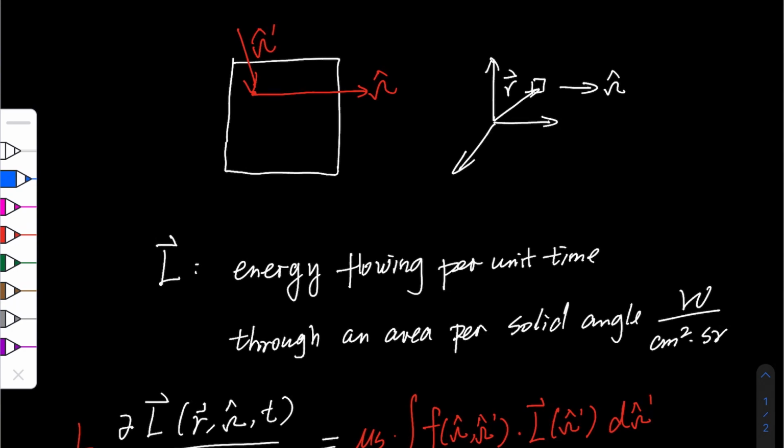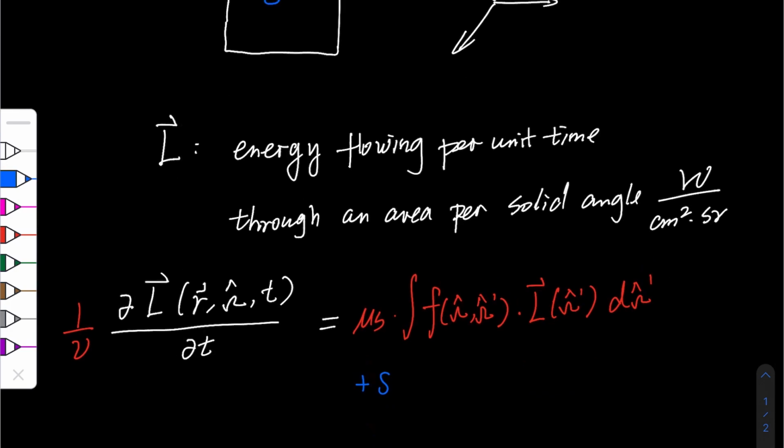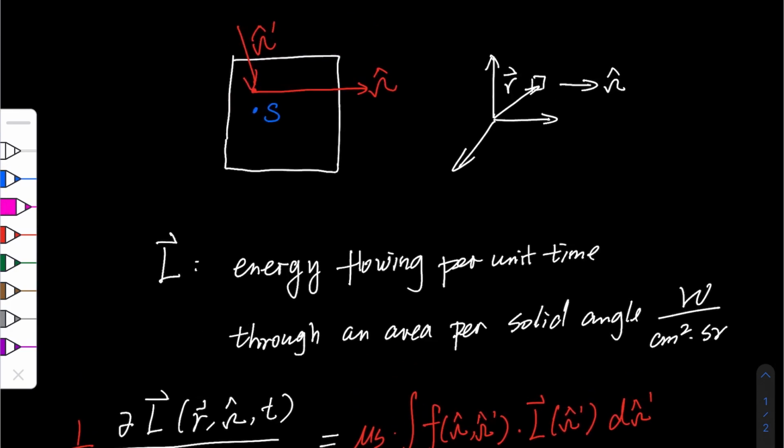The second one is when we have a source S in the element. The source is adding more energy directly, so we just add the term S on the right-hand side. The third one is the gradient of the energy L itself, which is also driving the changes of the energy.